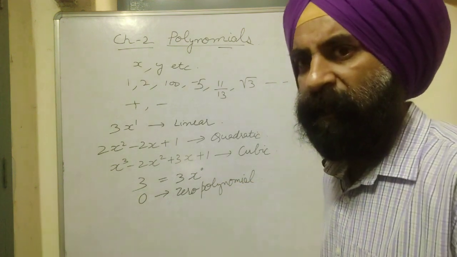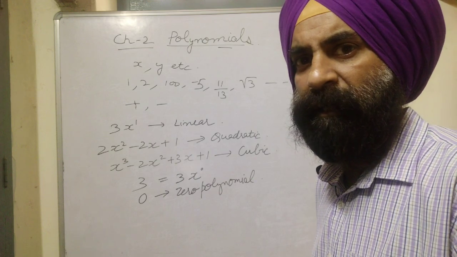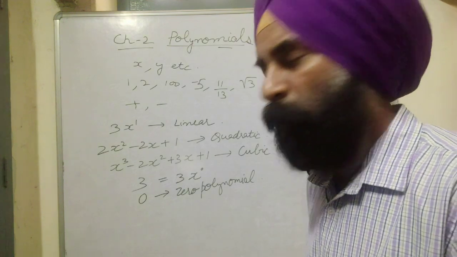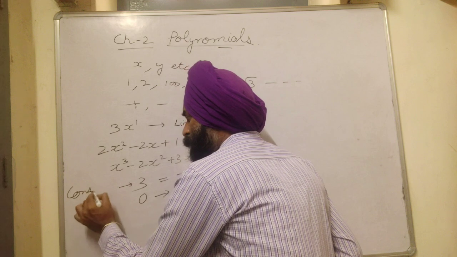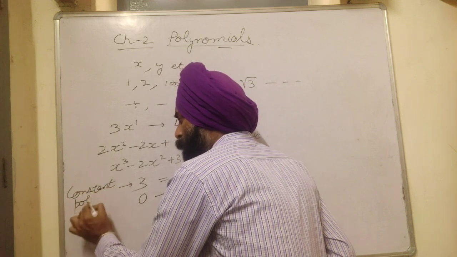Other constants, either positive or negative, are called constant polynomials. Like I have written 3, it is called a constant itself, or it can also be called a constant polynomial.